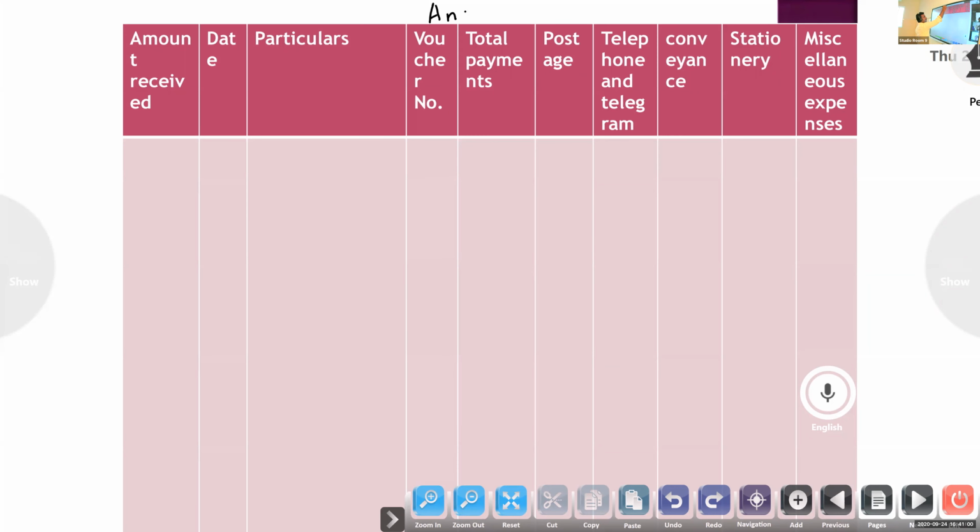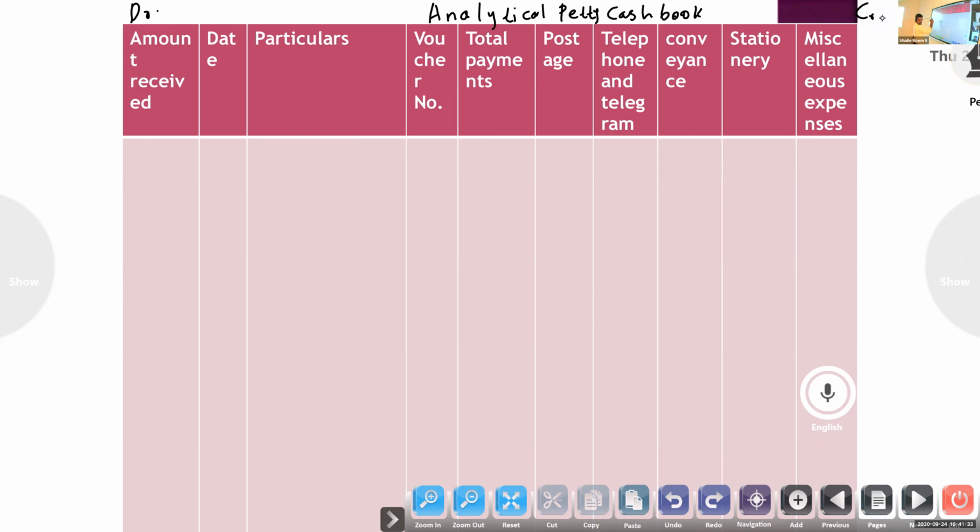Next, first question, analytical petty cash book. If I can't complete it, you can do it as homework. Okay. First, the imprest amount is 2000.